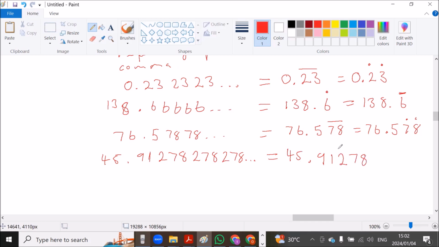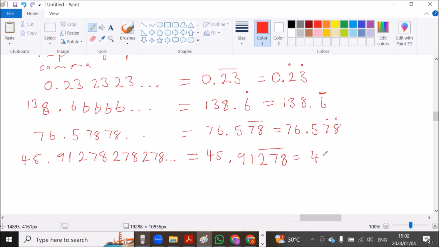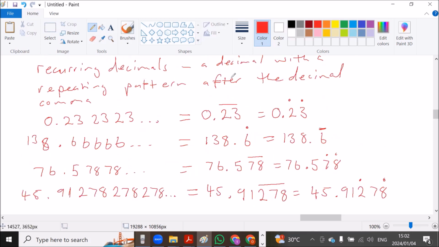So we put a bar on top, or 45.91278. Then we put dots on the first and the last number in the repeating pattern. So those are what we call recurring decimals. A decimal with a repeating pattern after the decimal comma. So this repeating pattern will go on and on.